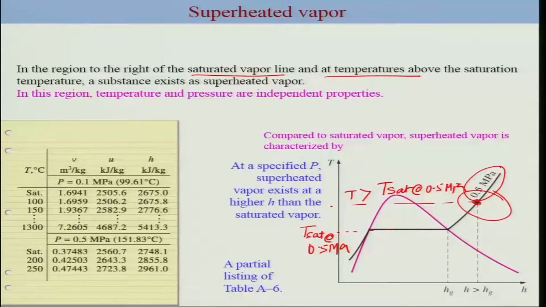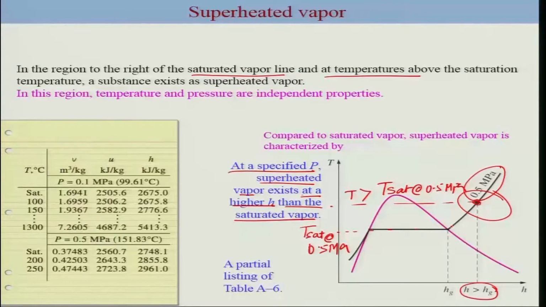So this is indicative of superheated vapor, okay. It's also obvious from this diagram that the enthalpy of superheated vapor should be more than the corresponding value at saturation, hg. The reason is that you have imparted more heat to the system, and that is transferred into the enthalpy. So at a specific pressure, superheated vapor exists at a higher h than the saturated vapor.